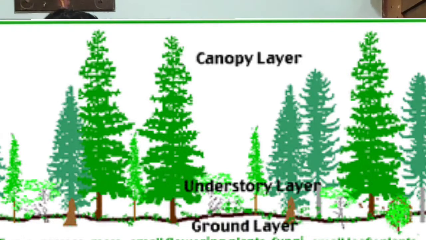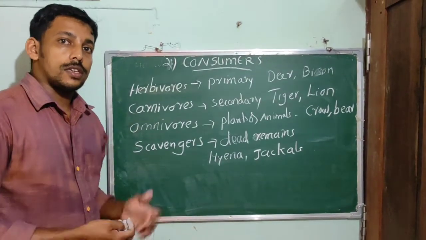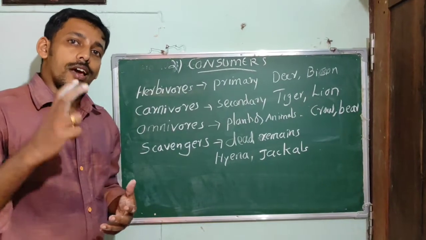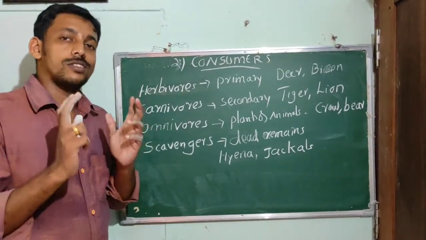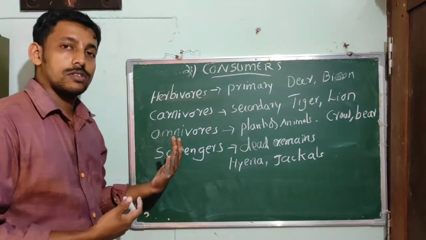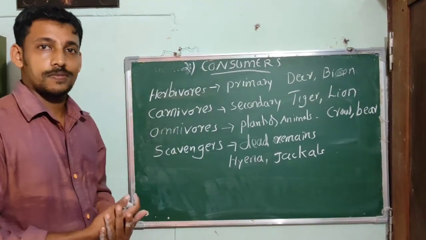Now let's know about the consumers of the forest. The non-green plants and animals constitute the consumers of the forest ecosystem. The consumers may be herbivores, carnivores, omnivores, or scavengers.